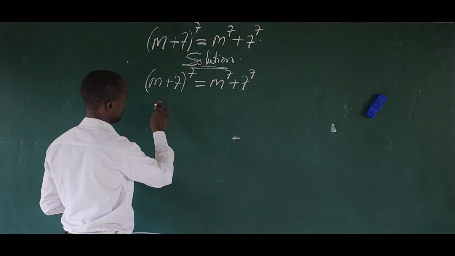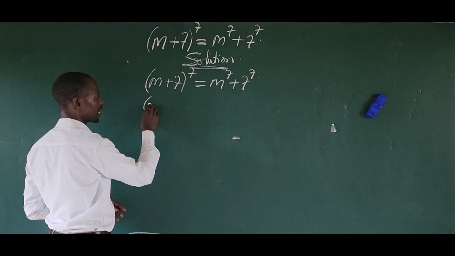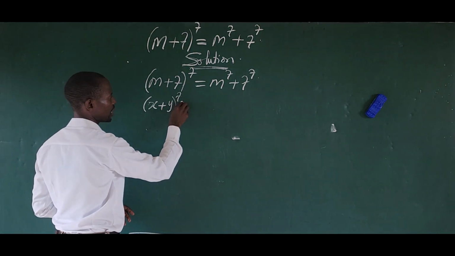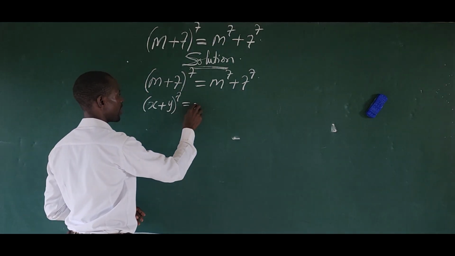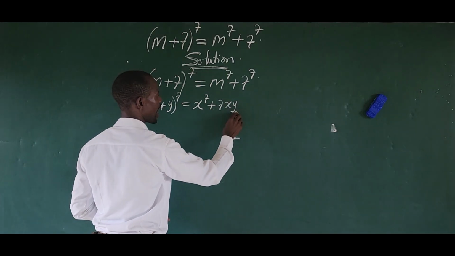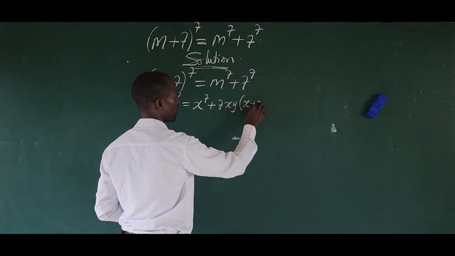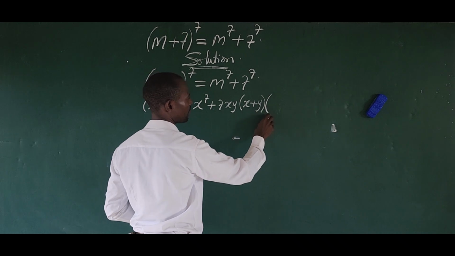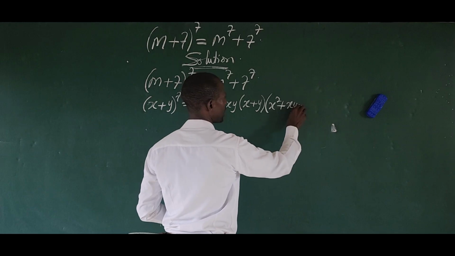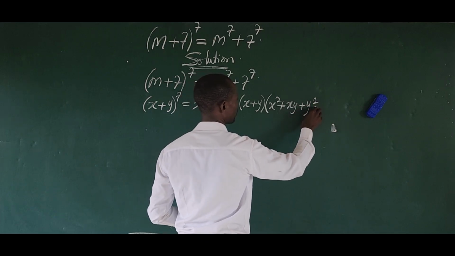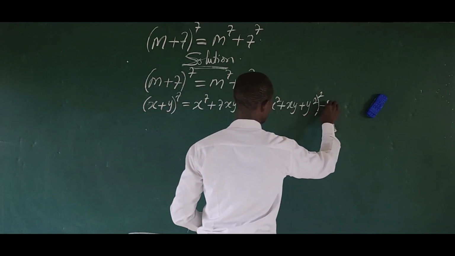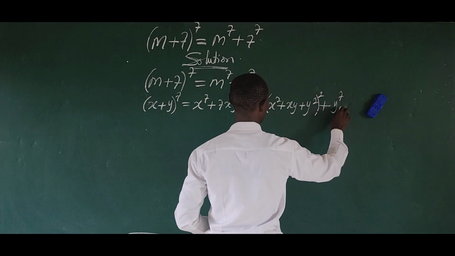If we take our x plus our y all raised to the power of 7, this is equal to x to the power of 7, plus 7xy times (x + y), times (x^2 + xy + y^2) all raised to the power of 2, plus y raised to the power of 7.